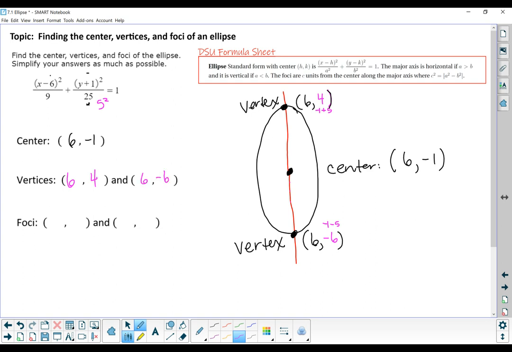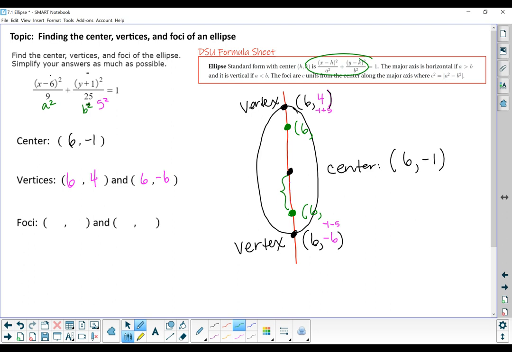So we've got our upper and lower vertex. Okay, so now we need to find the foci. We've got one focus here and one focus here. They have that same x coordinate of 6, and we need to calculate this distance. If you compare to the formula sheet, this is our a squared and this is our b squared. Those are already squared numbers.